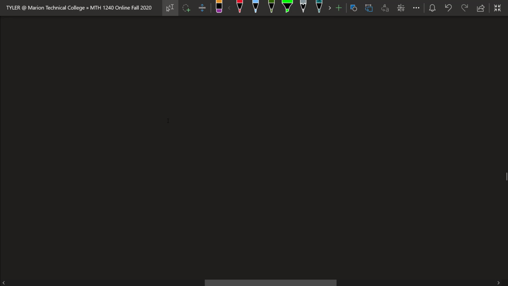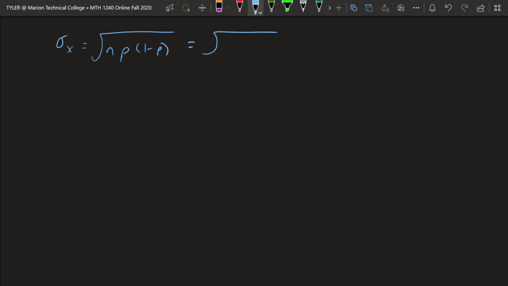So let me come off to the side here. What we need to find is I need to calculate the standard deviation of my random variable x. So this is equal to the square root of n times p times 1 minus p. Remember that n is 1030, p is 0.8, and 1 minus p will go here.